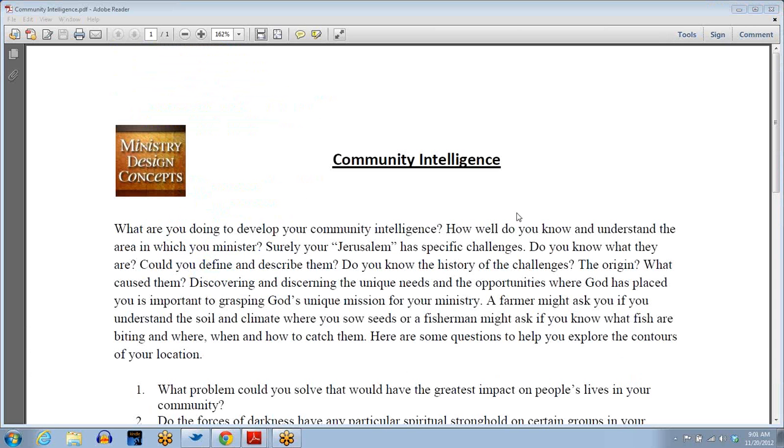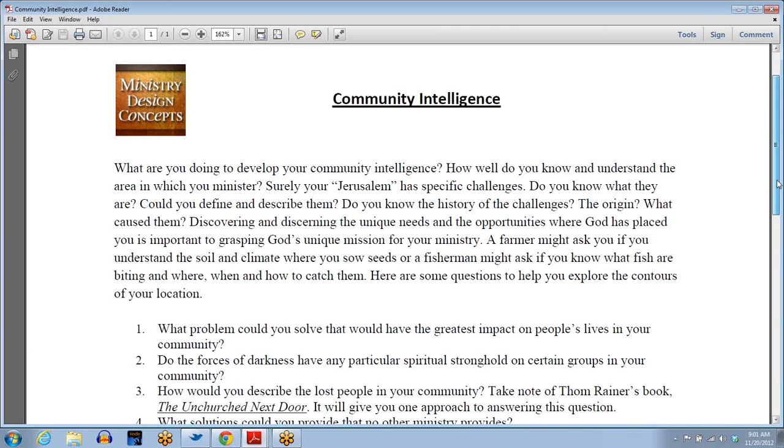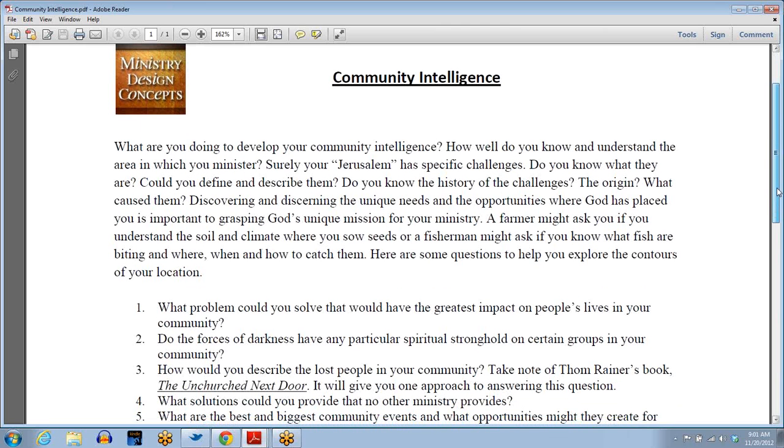Where this is leading to is to develop your community intelligence. This is where you want to improve your connectivity quotient. So you want to study both online with documentation and research of others, and be your own private investigator to dig into your community to understand it.